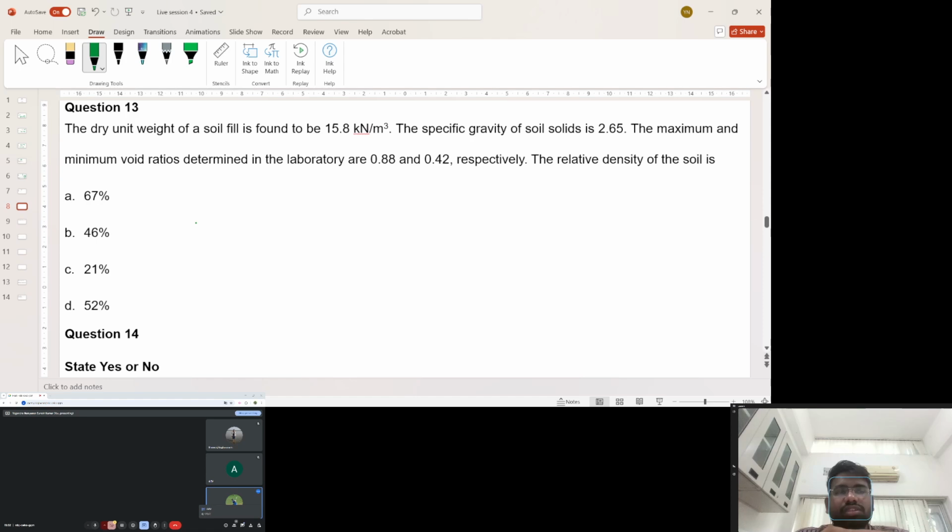The relative density of the soil is. So we have been given the dry unit weight, 15.8 kilonewton per meter cube, and the specific gravity, which is 2.65.